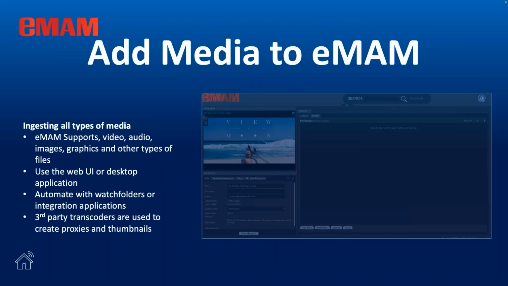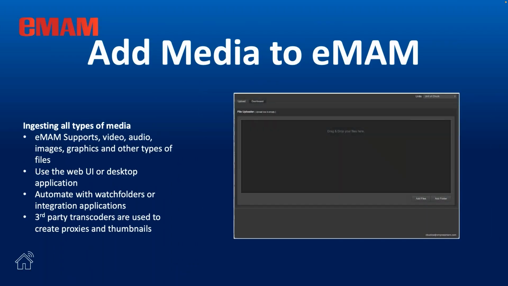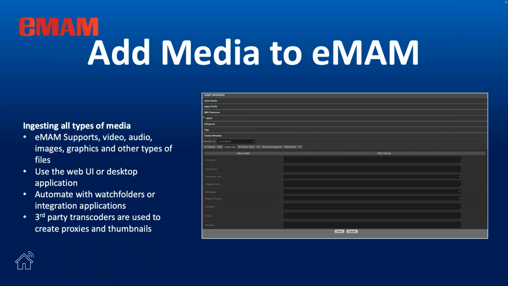Now, in eMAM, adding the content, of course, these could be file uploads that you have, or graphics that you can just drag and drop into the web interface, or an application called Feeder. And then you're prompted to select ingest profiles, which dictate where the media goes and what happens to the media.